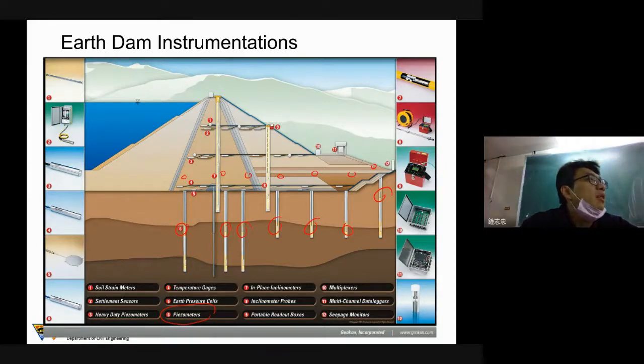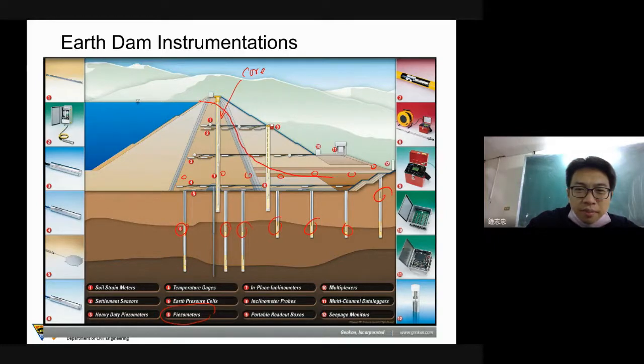So why do we need this kind of piezometer? Because we are trying to understand, for this is the core, okay, the water level will be like this one. This is the underground water level.